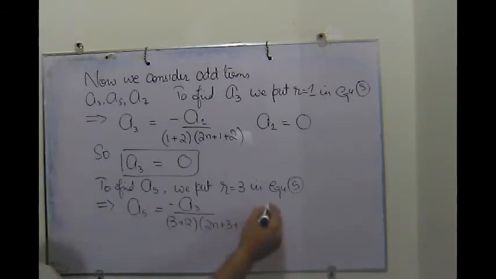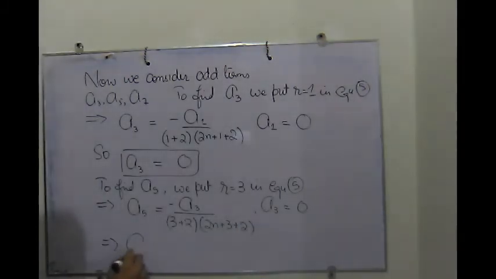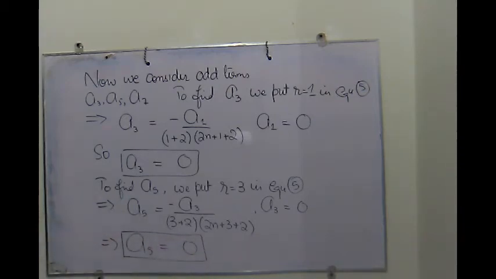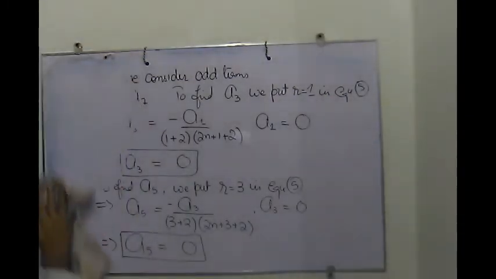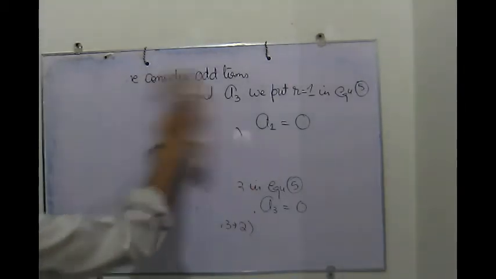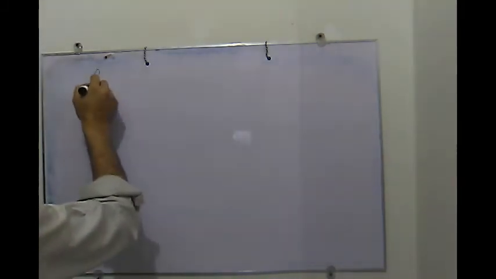But since a3 is equal to 0, this means that a5 will become 0 because of this a3. Similarly, all odd terms will become 0.